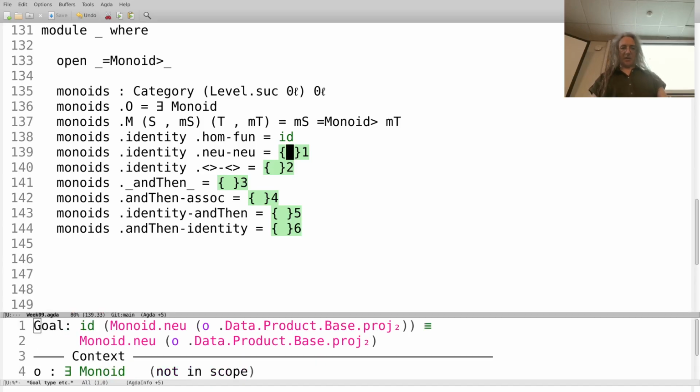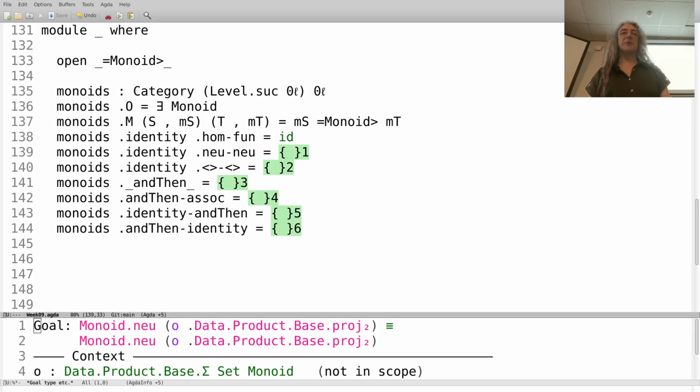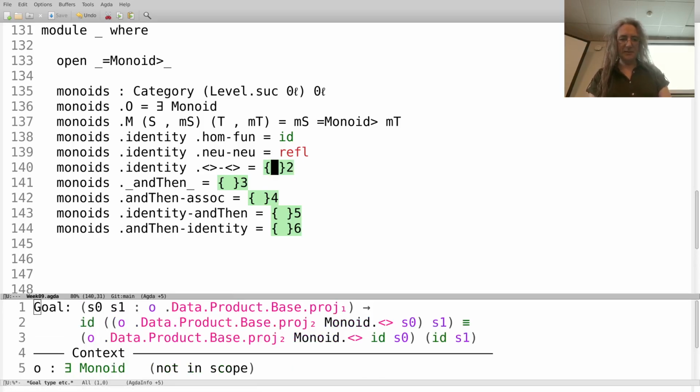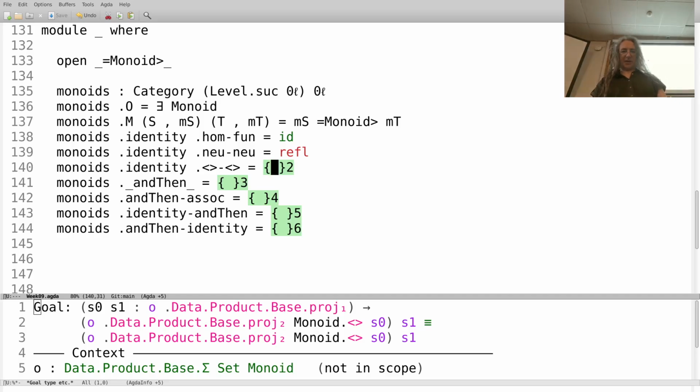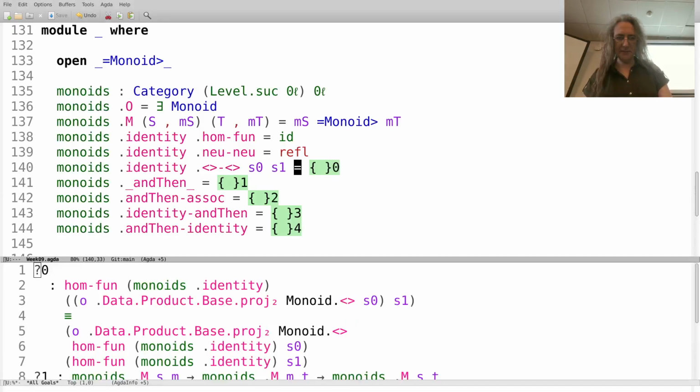And now I have a big, exciting, complicated thing to prove, which turns out to be utterly trivial. And I have another big, exciting, complicated thing to prove, which is also trivial. Okay, so that's nice.